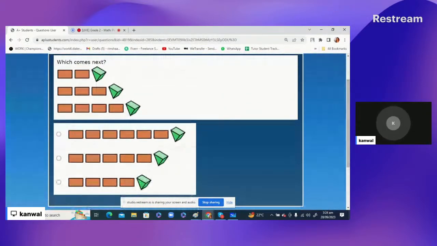Okay, let's do this one. So which comes next? The two rectangles, look at here, these both are the same and one is green. Now the green shapes are still the same. Okay, which shape is increased? The rectangles. Here are 2, here are 3, here are 4.